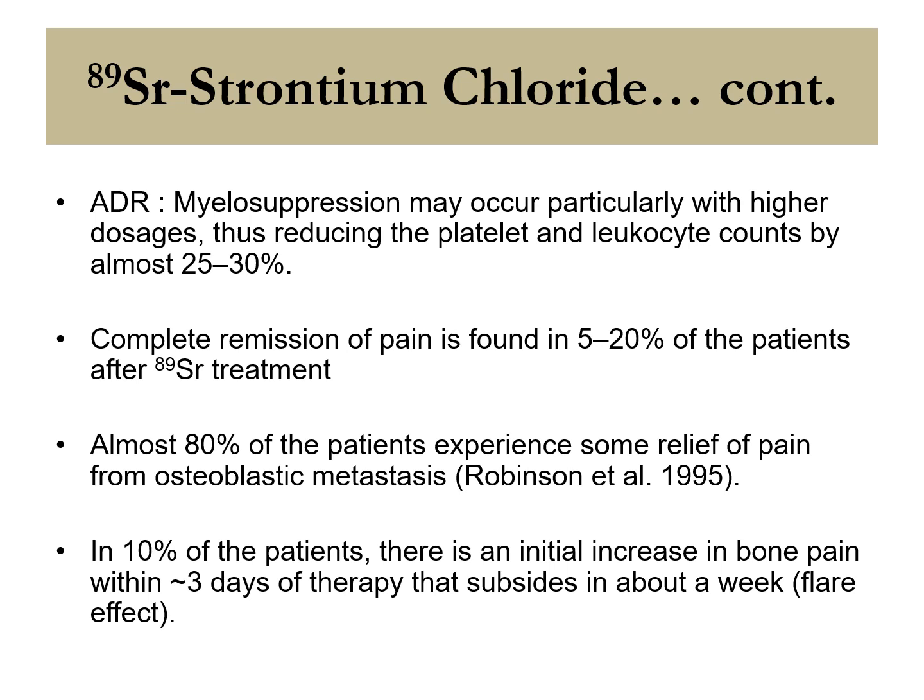Complete remission of pain is found in 5 to 20% of patients after strontium-89 treatment. Almost 80% experience some relief of pain from osteoblastic metastasis, and in 10% of patients there is an initial increase in bone pain within 3 days of therapy that subsides in about a week. So it is going to be a flare effect for the patient.